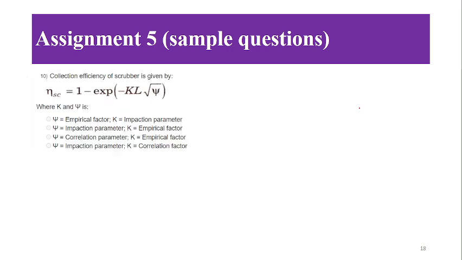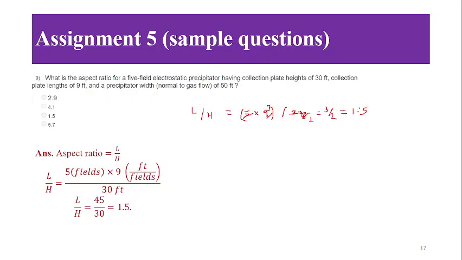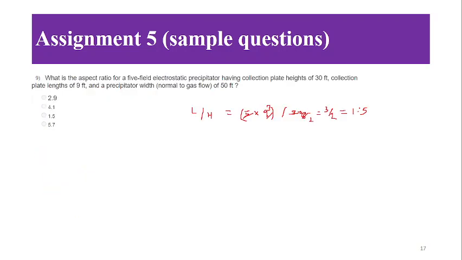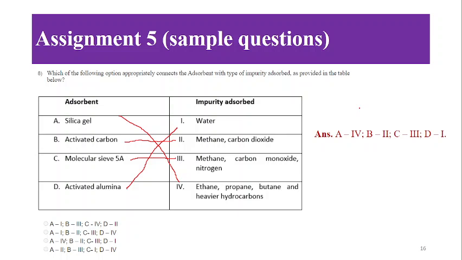In the eighth question, the last one, we use silica gel in desiccators as well, right? So it's for the adsorption of moisture, which is water. But mainly activated alumina is an efficient one. All the other three, if you see, can't be used for this fourth option. Not all of them are efficient to adsorb ethane, propane, butane, and heavier hydrocarbons.